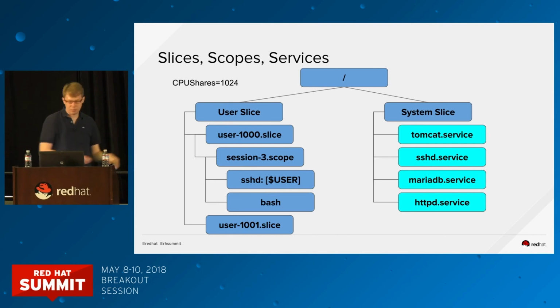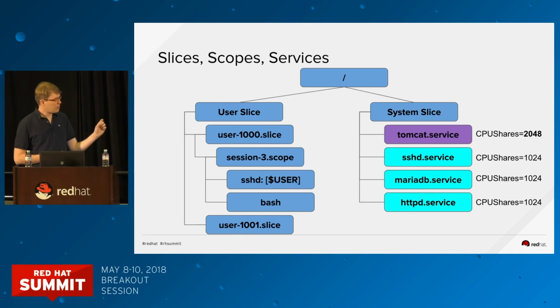You can actually rearrange this hierarchy as you want. The split into user slice and system slice is just the default from systemd upstream. You can rearrange it any way you like and attach services to slices of your own choosing completely freely.